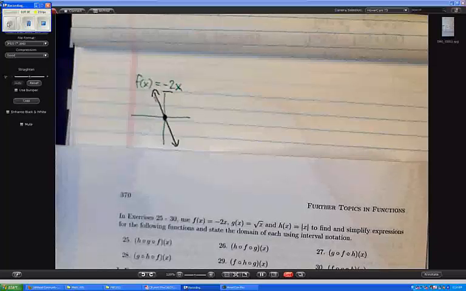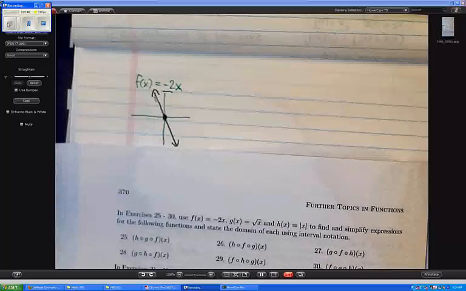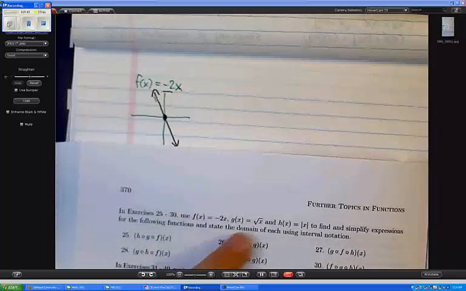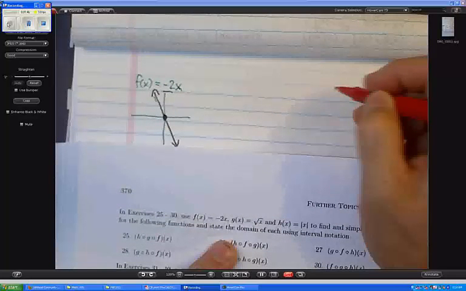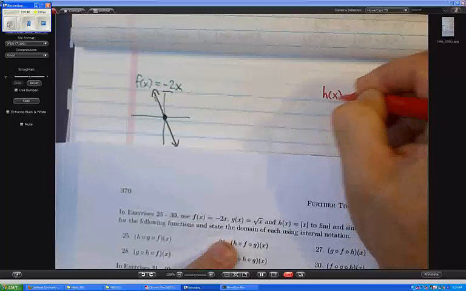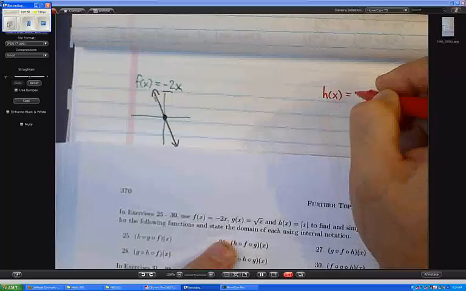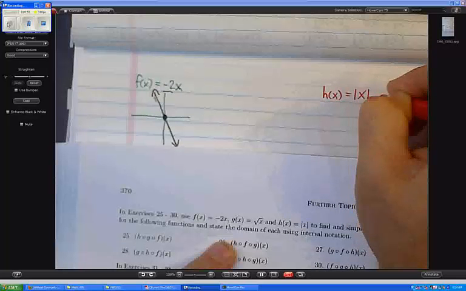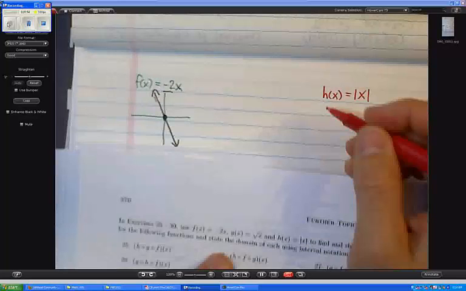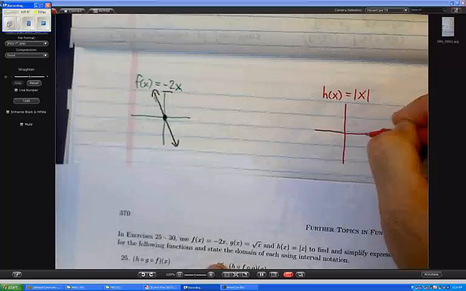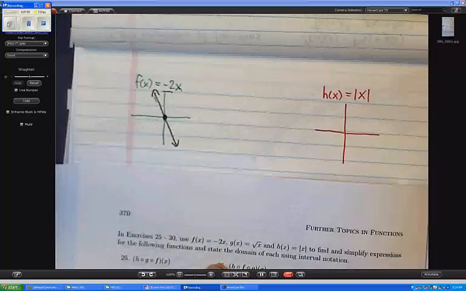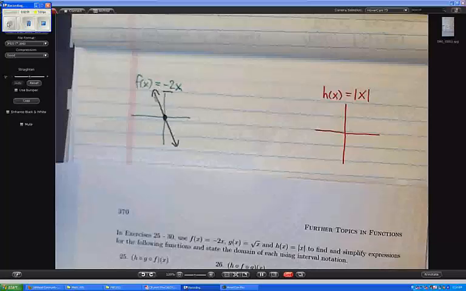Now, I'm going to jump ahead to h of x because we just talked about this one the other day. H of x is the absolute value of x, and that's a good one to know about. Do we know what that graph looks like? It's a V, right? It goes through 0, 0.